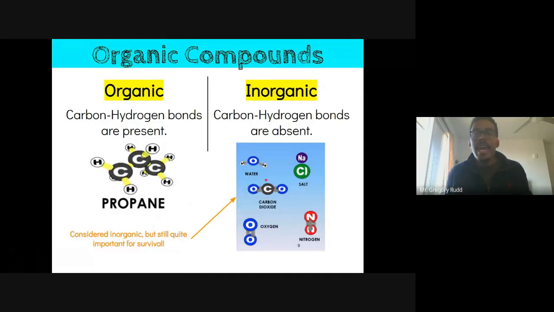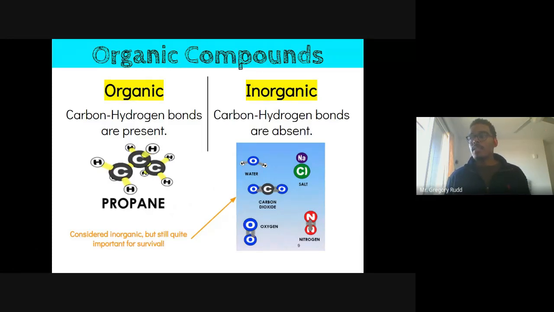So again, can't have carbon-hydrogen bonds if there's not both carbon and hydrogen. It could be that it has neither carbon nor hydrogen, like table salt, which is sodium chloride, NaCl. Or it could be that the carbon and the hydrogen are there, but they're not bonded to one another. That's pretty rare. Typically, if carbon and hydrogen are present in the same molecule, then they are bonded together.